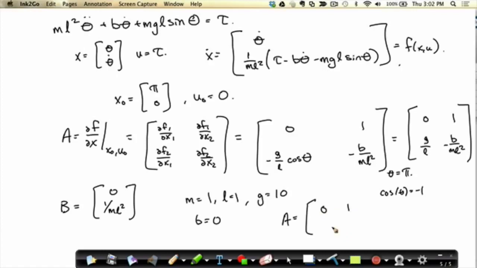Then I get 0, 1, 10, 0. Looks like nice, easy numbers, yeah? Okay, so A and B are trivial here now.